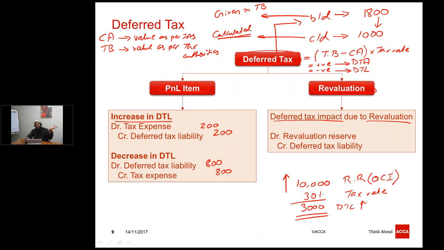If the asset is being increased by 10,000, the liability will increase by 30% of 10,000. So the amount of revaluation multiplied by the tax rate is the amount of deferred tax due to revaluation.